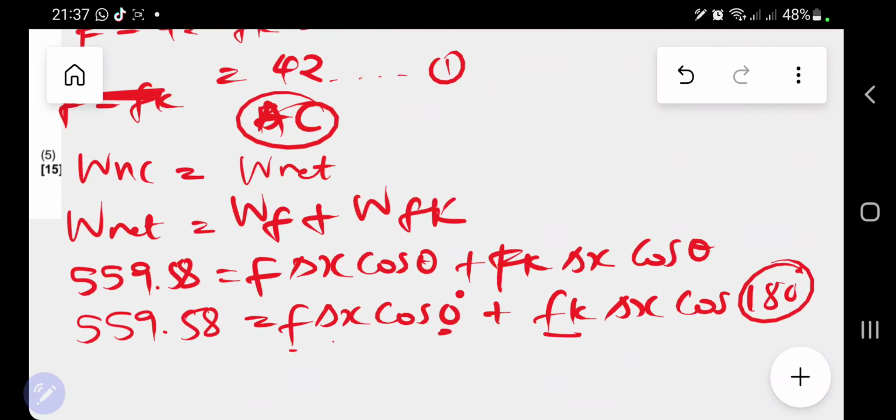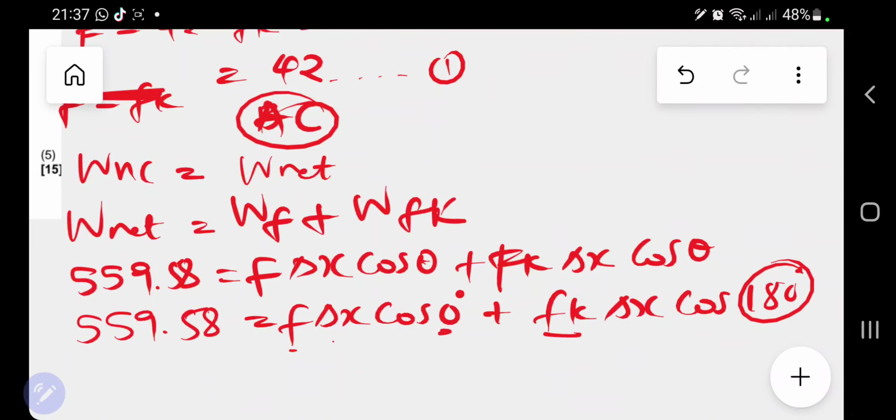And then up there, remember from equation 1 we said F minus 42 minus Fk equals 0.